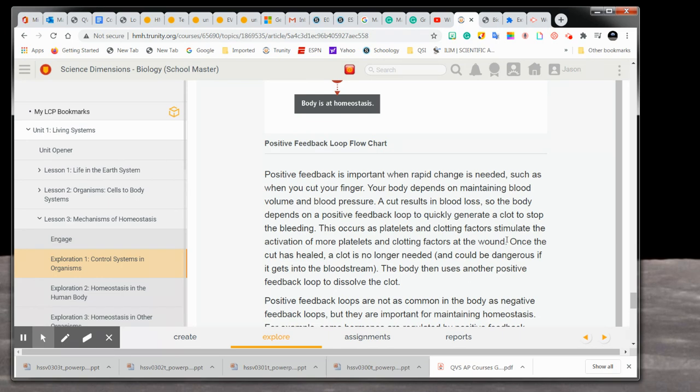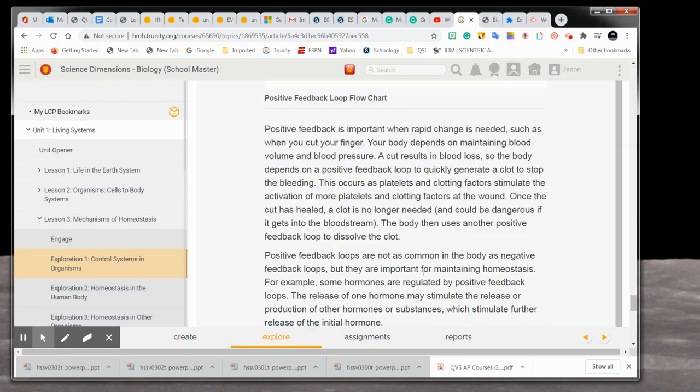Your body's going to keep producing platelets until that wound has stopped the bleeding. And lucky for us, this happens extremely fast, and was able to clot the cut for us.